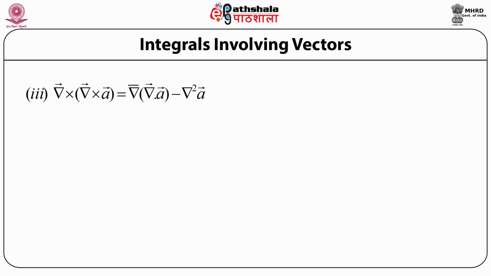Another important property involving the del operator, a scalar field defined by phi and a vector field defined by vector A, is given as: del dot (phi A) equals (A dot del) phi plus phi (del dot A).